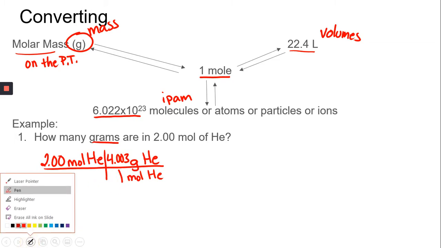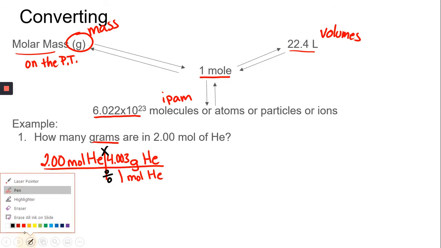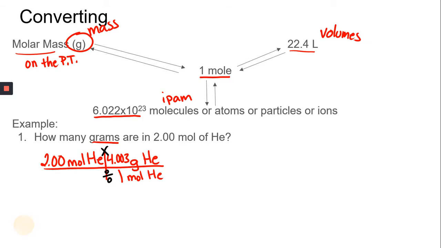Then what we're going to do is multiply the top numbers and divide by the bottom number. So when I type this into my calculator, I would do 2.00 times 4.003 divided by 1.